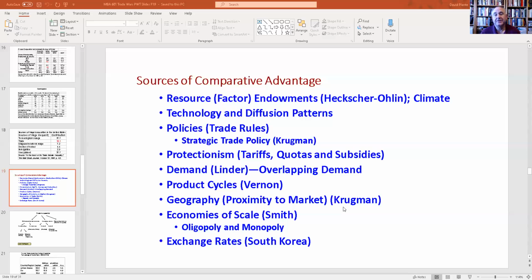So again, if the US has a lot of high-skilled labor, we'll specialize in the production of goods that have as an input a lot of high-skilled labor. If we're a country that has a lot of moderately skilled labor, think about South Korea when it was in the process of industrializing, around the 1960s.